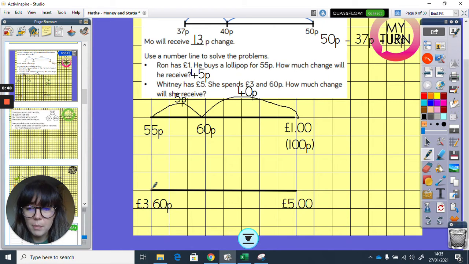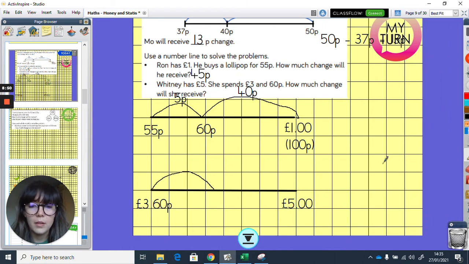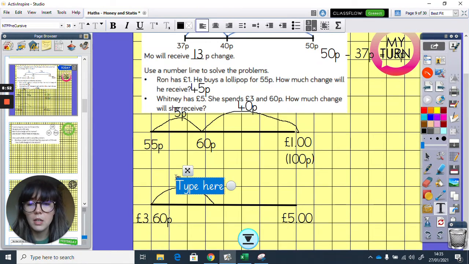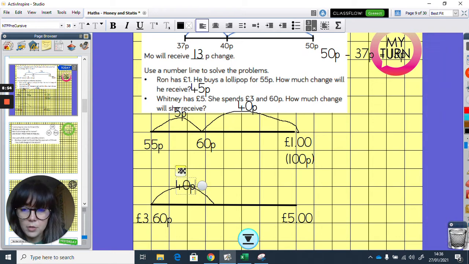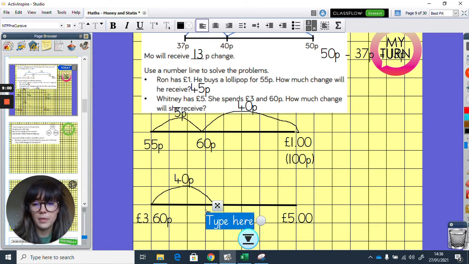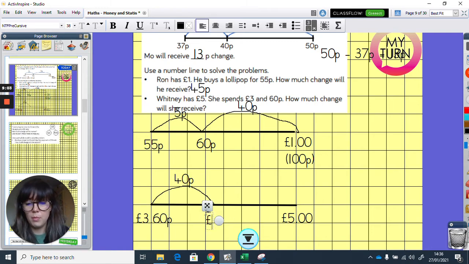£3.60, my first jump is going to be 40p, okay? It doesn't matter if yours wasn't, but my first jump is going to be 40p because I know that if I added 40p to this, I would get £4 because I'm going to the next pound, okay? So that will be £4. £3.60 add 40p is £4. Now, this is a bit easier now, isn't it?